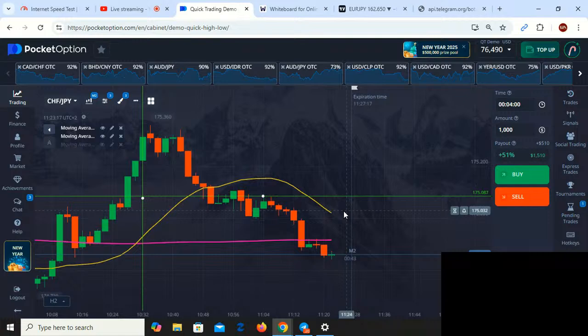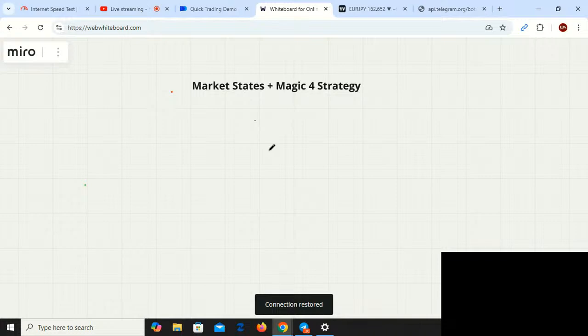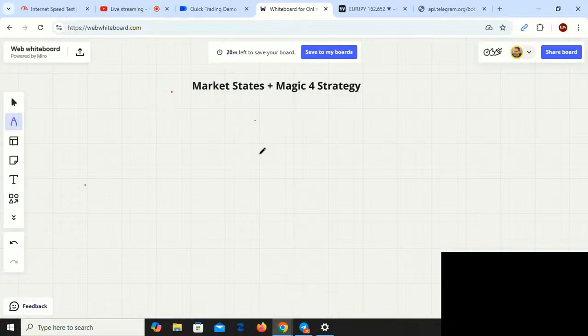So let's hop right into the whiteboard so we can explain the strategy. I call the strategy the Magic Four, which includes the market states, obviously. So what we need to start by identifying and explaining are the three market states.